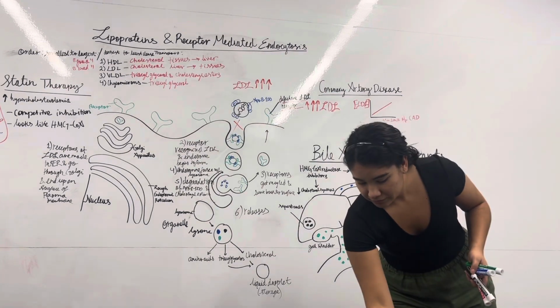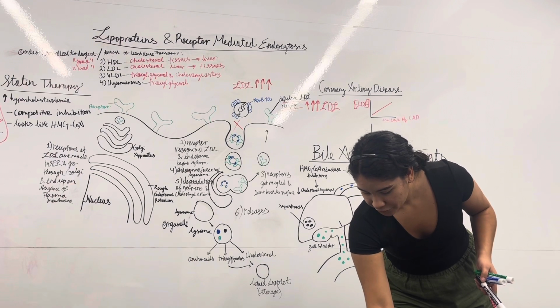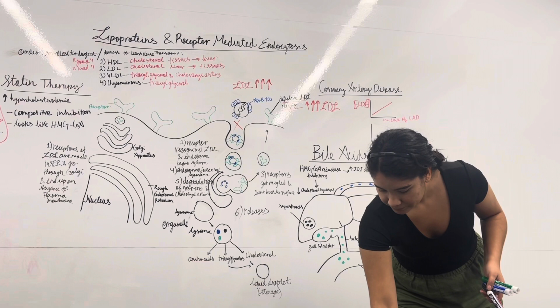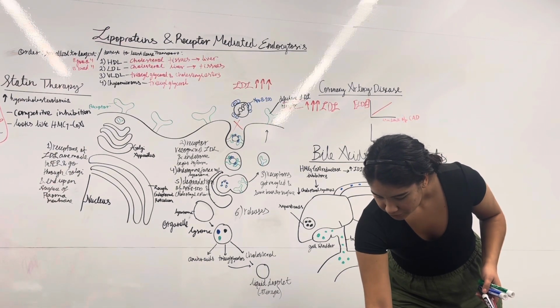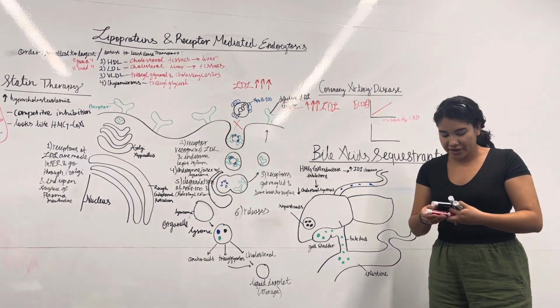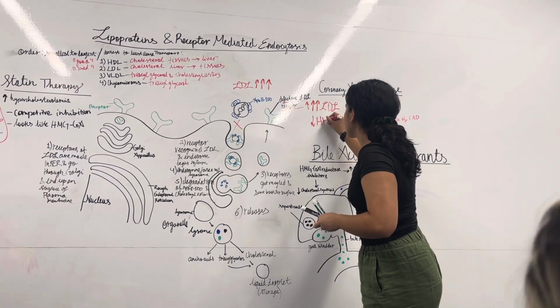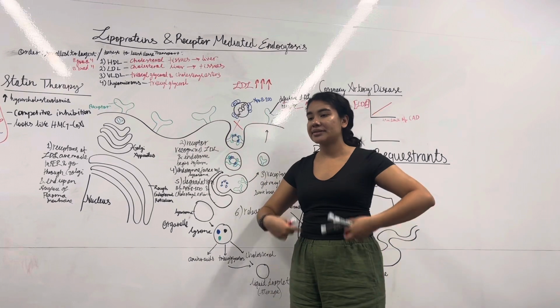And then another thing that also can be a risk factor of CAD. Let me pull up the slide here. If you have low levels of HDL, if you guys remember, your HDL is your good cholesterol. It's what picks up cholesterol from all over your body and brings it back to the liver.